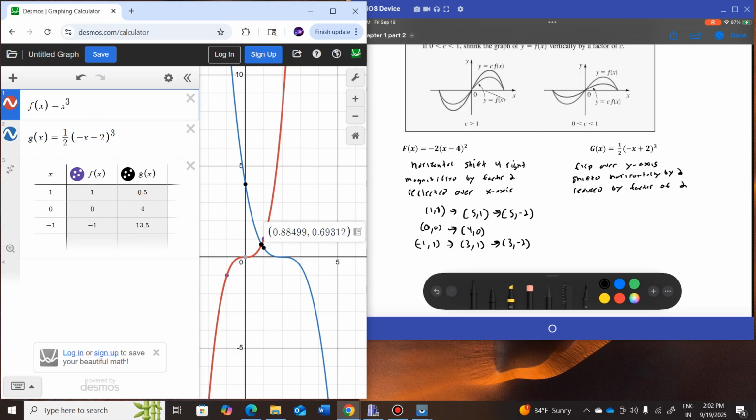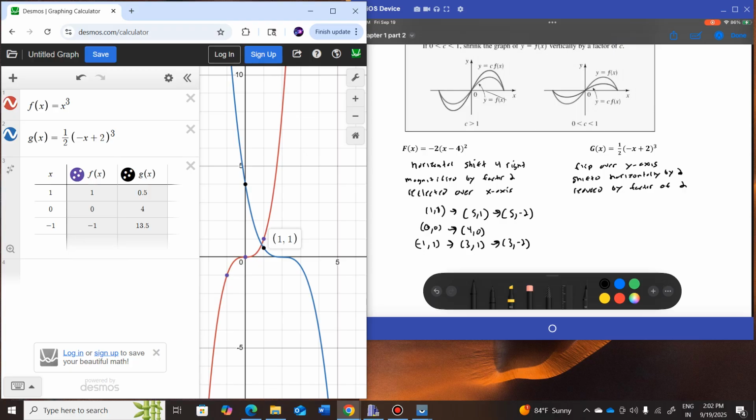Right. So 1, 1. We got a shift of 2, and then it's reflected, and then it's reduced. So the shift of 2, let me see where this went here.